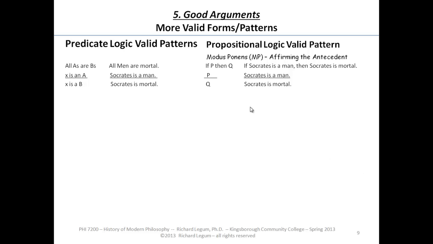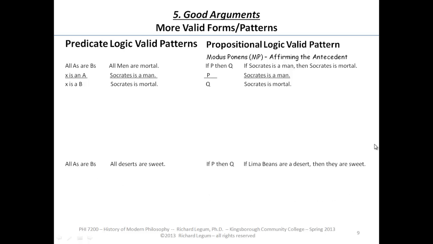If we start with if P then Q, then we affirm the antecedent P, and we can move to the right the way we write in English and infer Q. Well, look at the way it works in the predicate pattern. All A's are B's. X is an A, something is the one on the left, therefore something is the one on the right. This is going to become important when we look at the next one.